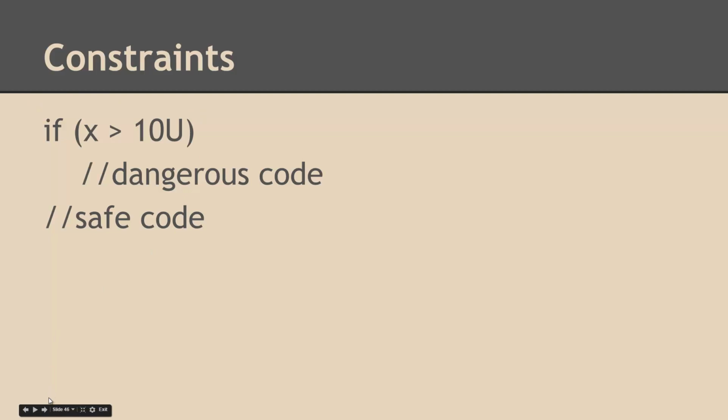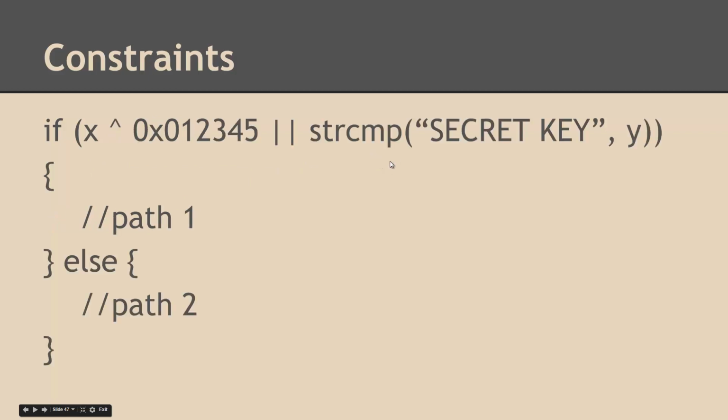And while not every constraint has dangerous code behind it, it is essential that your fuzzer is able to access, or at least explore and stress test, the risky areas of code.